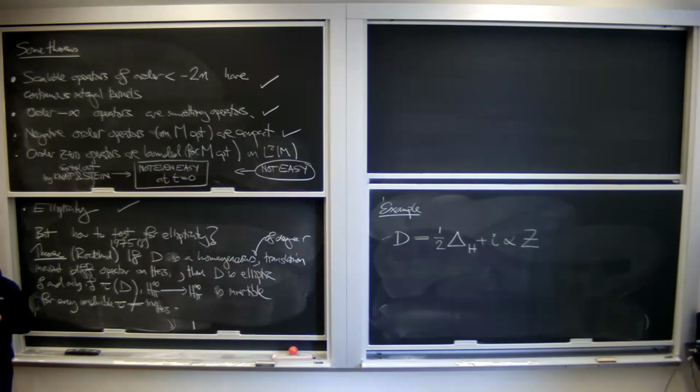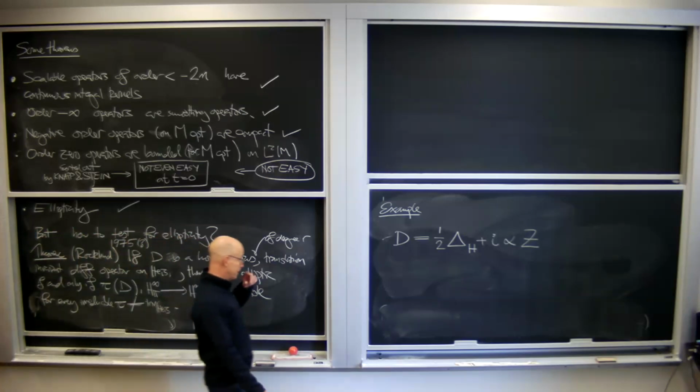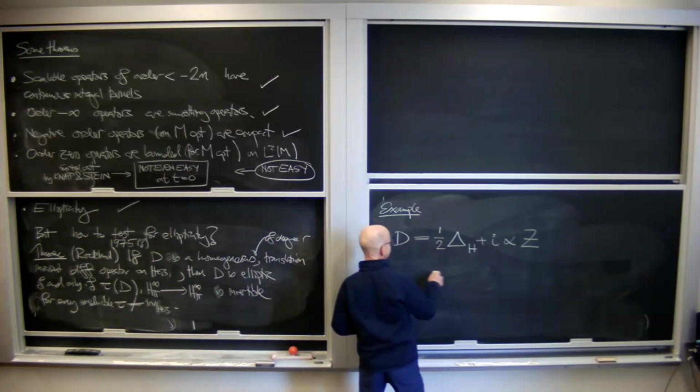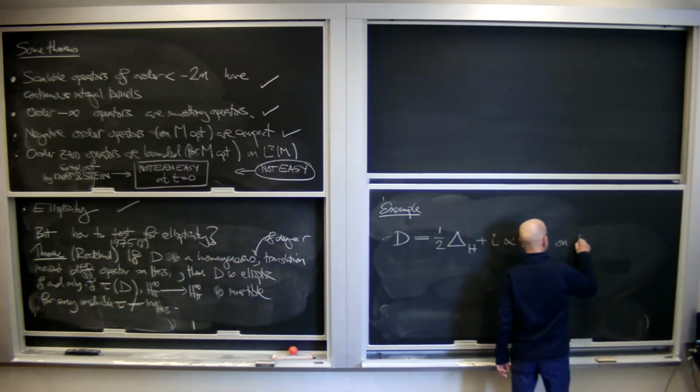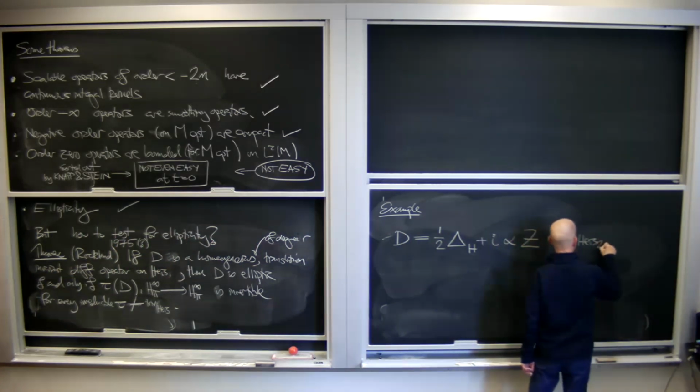But in terms of the homogeneity that we're now discussing, everything is homogeneous of order 2. So it's a homogeneous operator, there are no lower order terms. And what else can you say about it? Oh yeah, you want to know, is it elliptic? It's rather beautiful. So let's say we're on Heisenberg 2n-1.